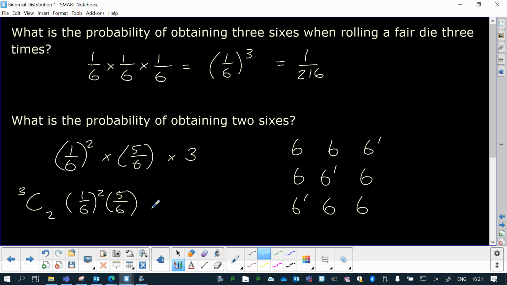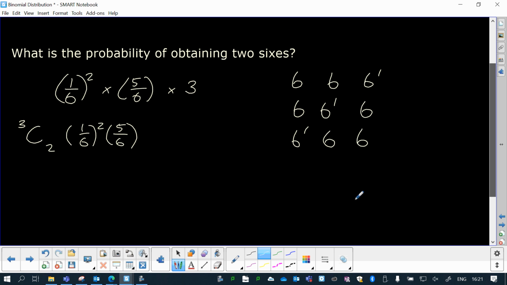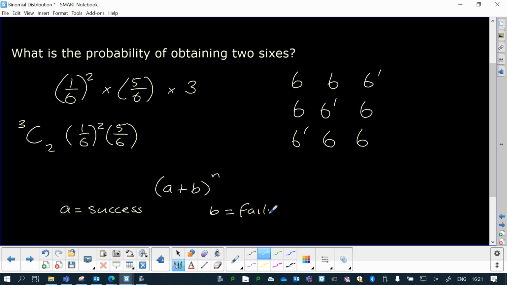This is exactly the same, isn't it, to the binomial expansion? It's just that instead of A plus B, we've got 2 different probabilities. And the link is really that if you've got this A plus B to the power of n, where n is a positive integer at this point, it's almost like saying A is going to be success and B is our failure.